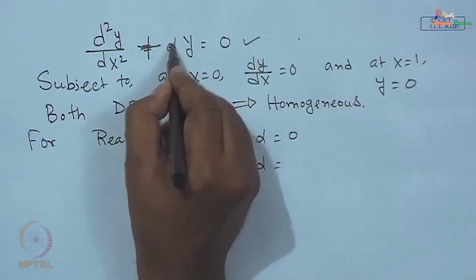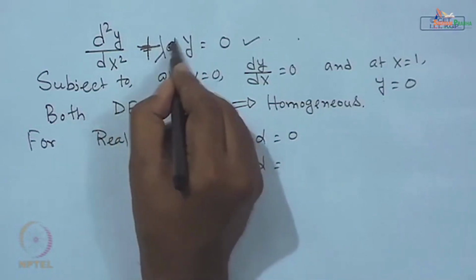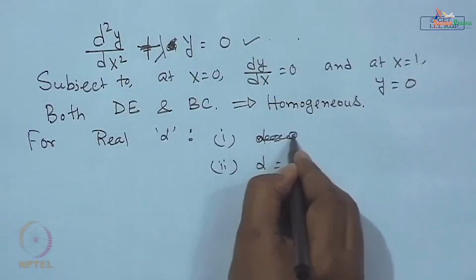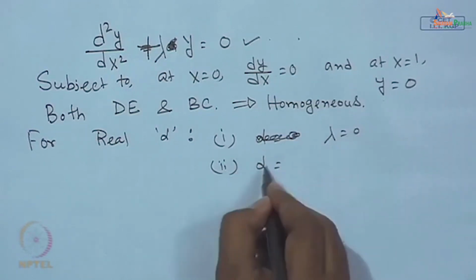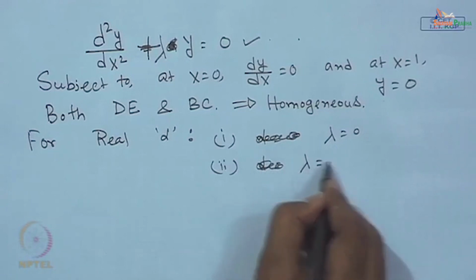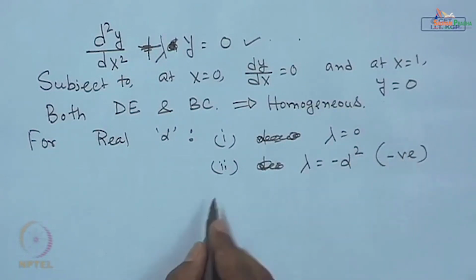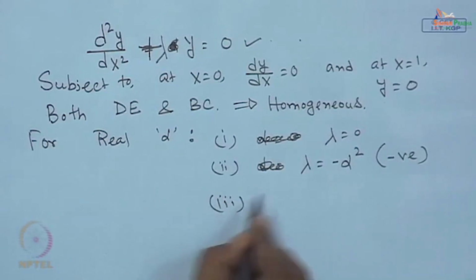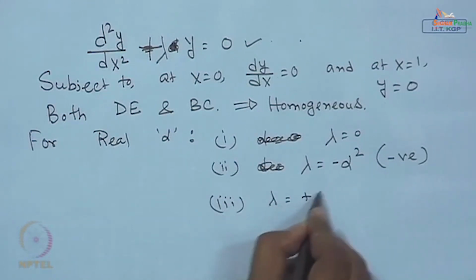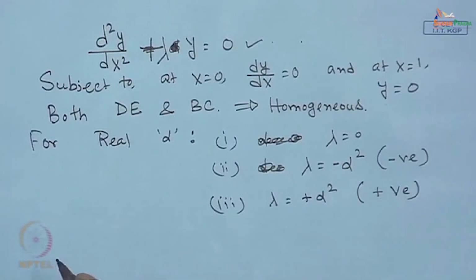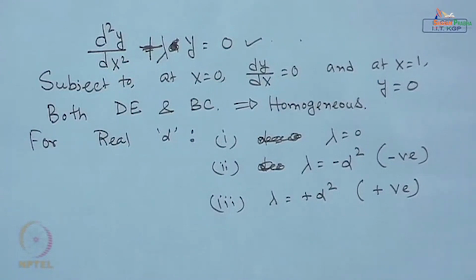So, let us say that was lambda, so we put lambda is equal to 0, lambda is minus alpha square. So, lambda is negative, and the third option is lambda is equal to plus alpha square, so it is positive. Now, we examine all these three cases one after another.